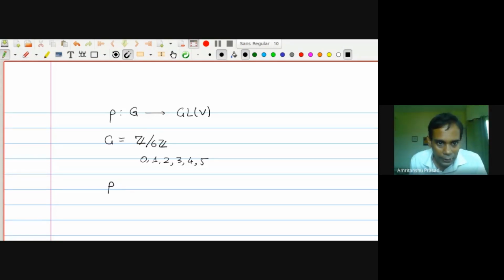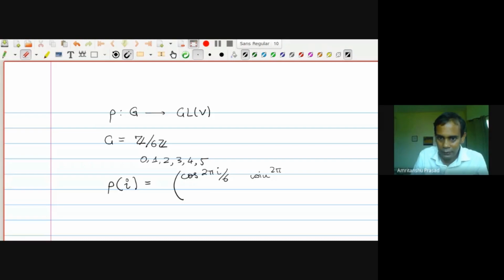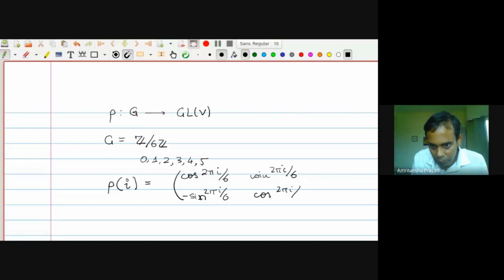And you can take rho of i to be the matrix with entries cos(2 pi i/6), sin(2 pi i/6), minus sin(2 pi i/6), and cos(2 pi i/6).